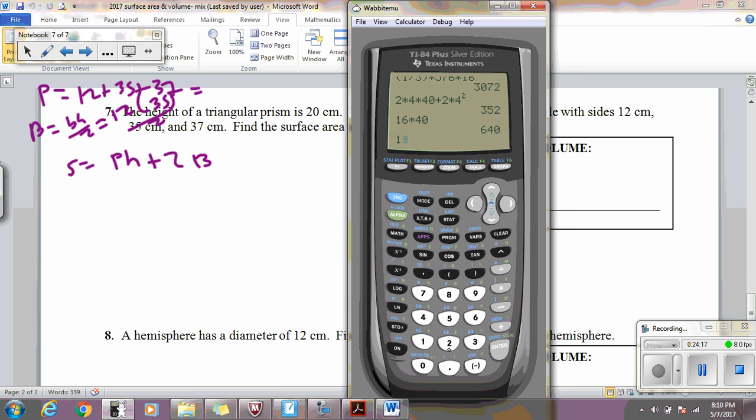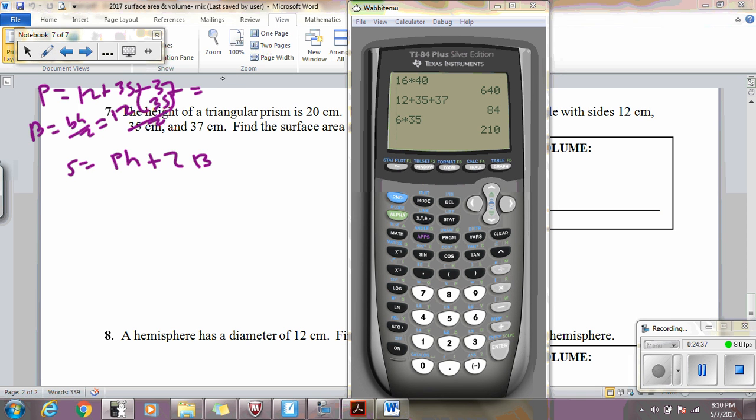So 12 plus 35 plus 37 for my perimeter is 84, and then half of 12 is 6, so 6 times 35 for my area, 210. So the perimeter is 84, and my area is 210.